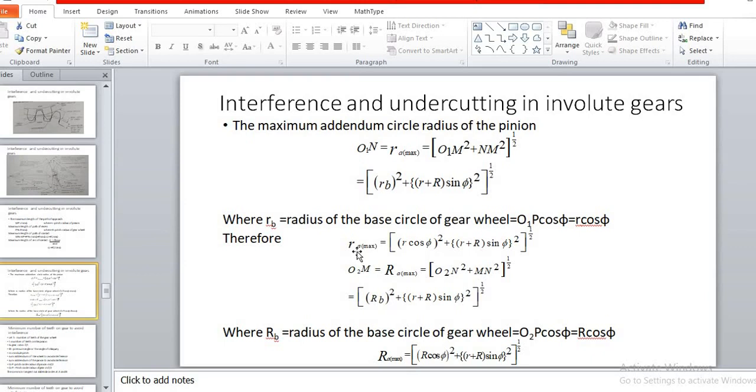So this is the Ra max value for the pinion, and this is the Ra max value for the gear or wheel. So this shows the maximum addendum radius for the wheel and the maximum addendum radius for the pinion.